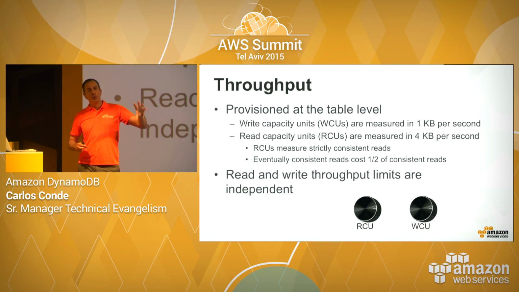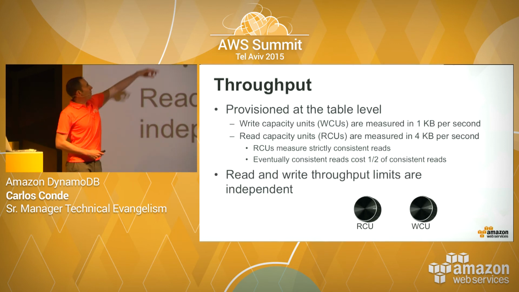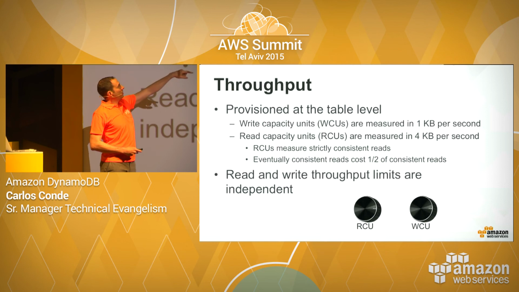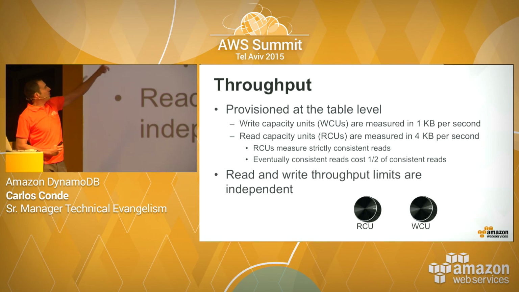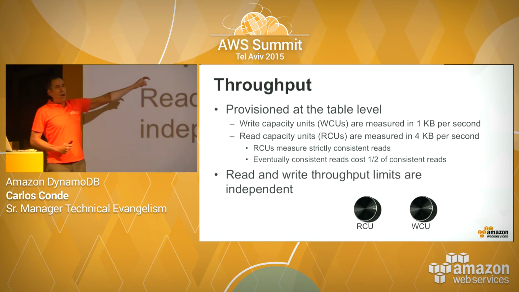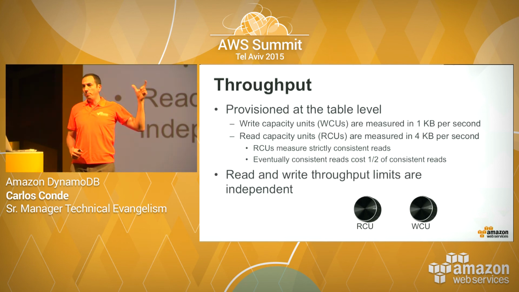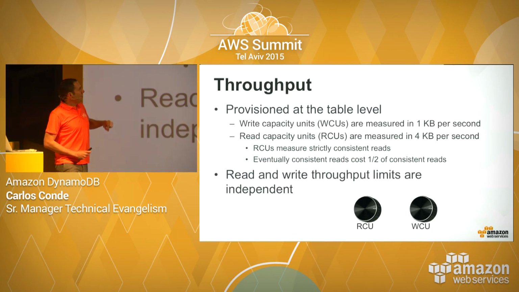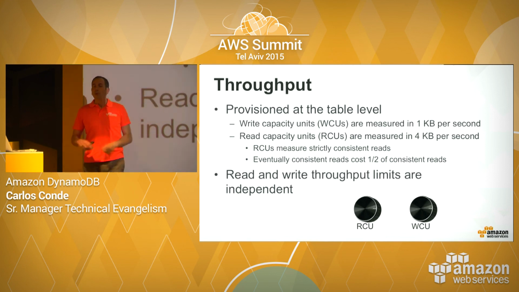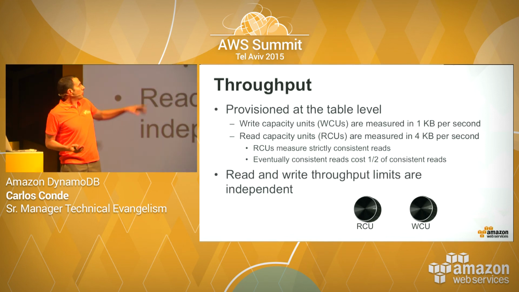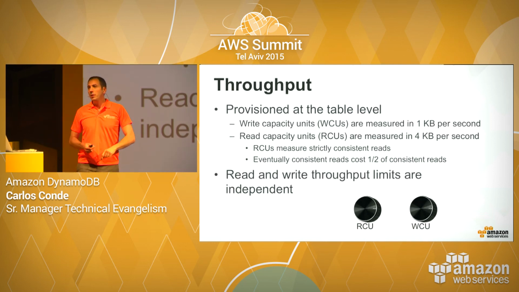You provision how much read capacity you need and how much write capacity you need. The write capacity units, WCUs, are measured in 1 kilobyte writes per second, and reads are 4 times the same capacity. So a read capacity unit is how many blocks of 4 kilobytes you can read per second. Okay, so RCUs by default, the read capacity units, are consistent. But if you are okay with inconsistent reads, you can have 8 kilobytes capacity per second for one RC unit.